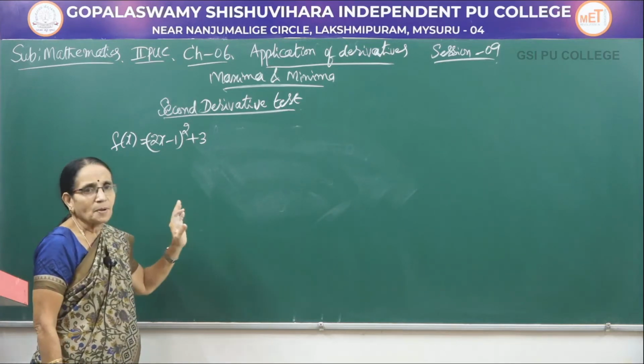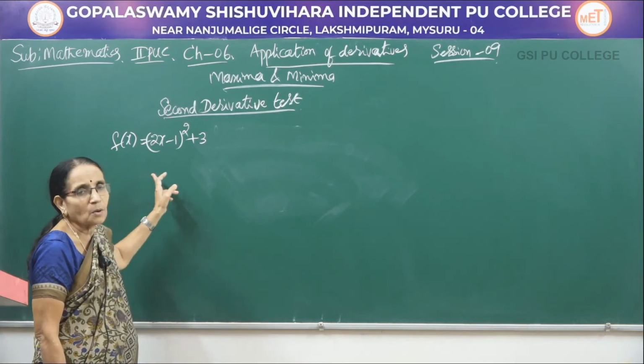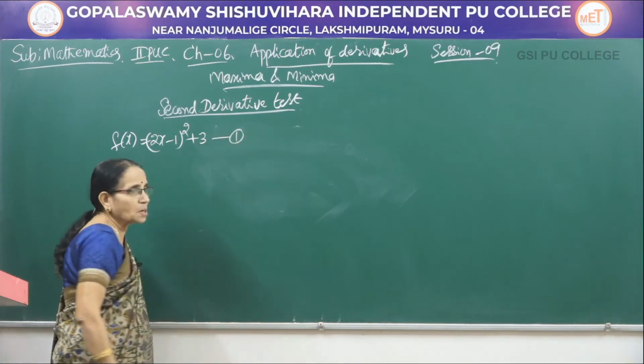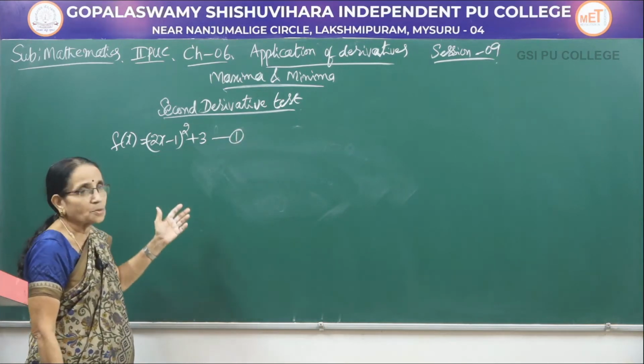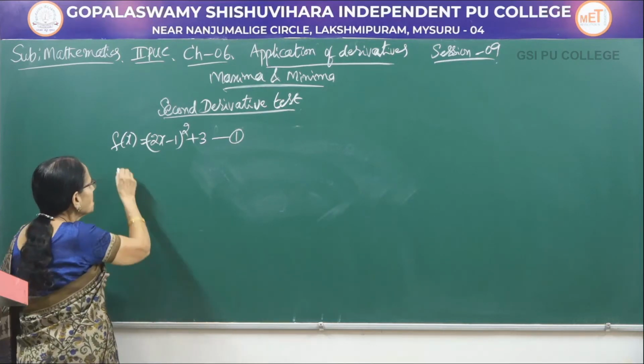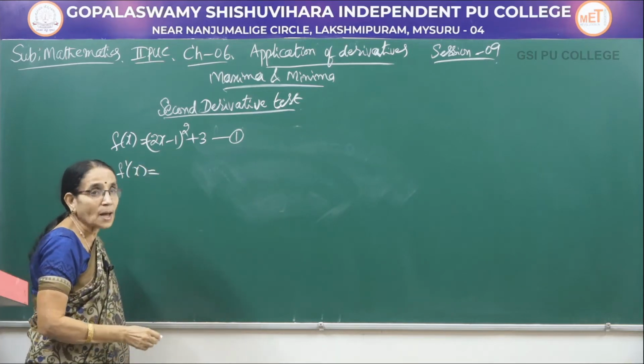Always, as soon as a function is given, first you find the first derivative, then you find the second derivative, because we use these afterwards to find either the maximum value or the minimum value. Now immediately find the first derivative, f dash x.